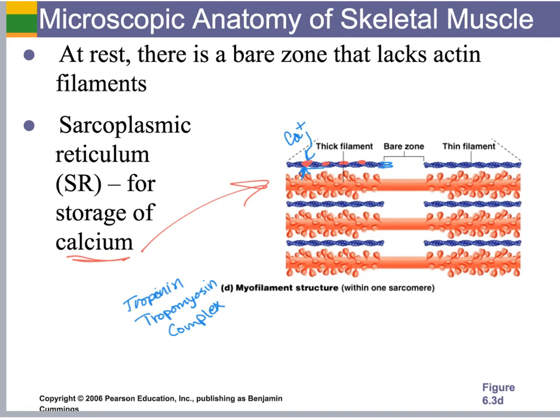Now, there's lots of steps in muscle contraction. Your reading for this week is over muscle contraction. There's a lot of information, and you would not believe the amount of steps that have to happen.